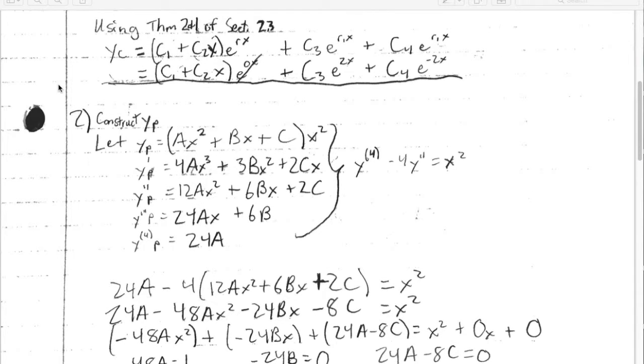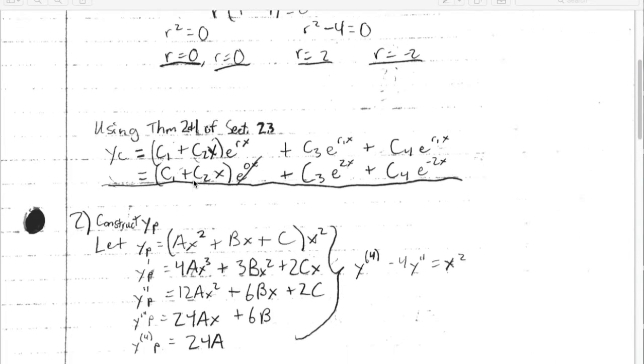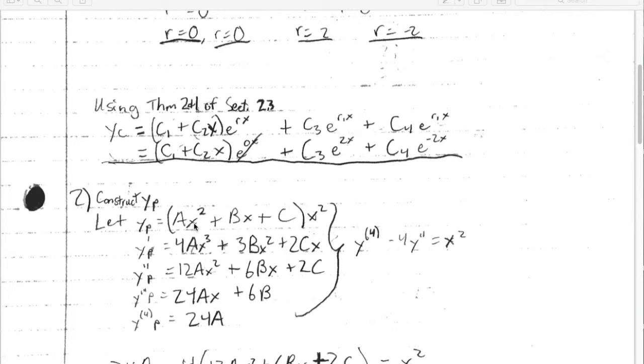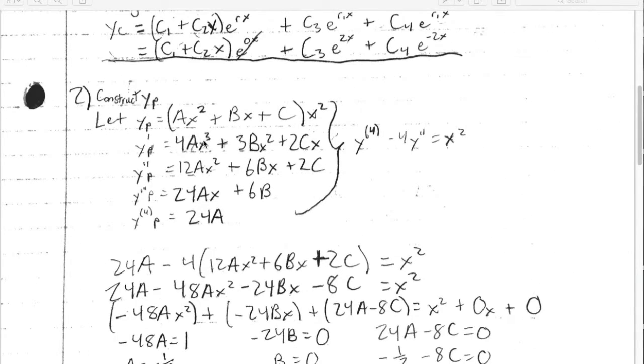Now we want to find the particular solution. So that is found by looking at the right side of the initial equation, which is x squared. So initially you would think that you'd want it to be a times x squared plus bx plus c, but the problem there is that they're asking for the fourth derivative up here, which means that we need the highest power of x to be x to the fourth.